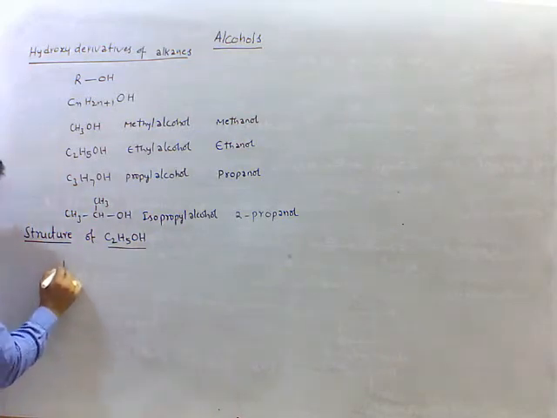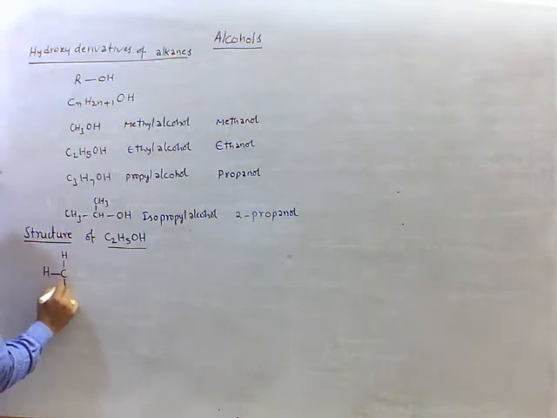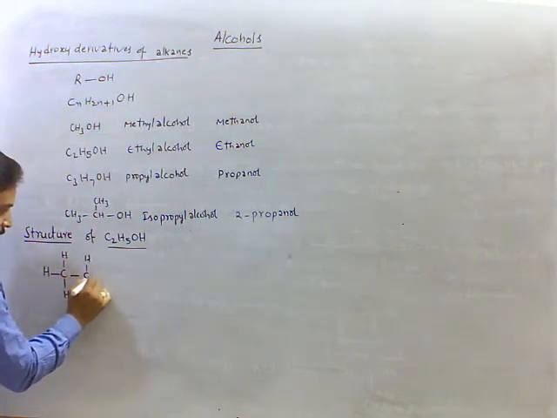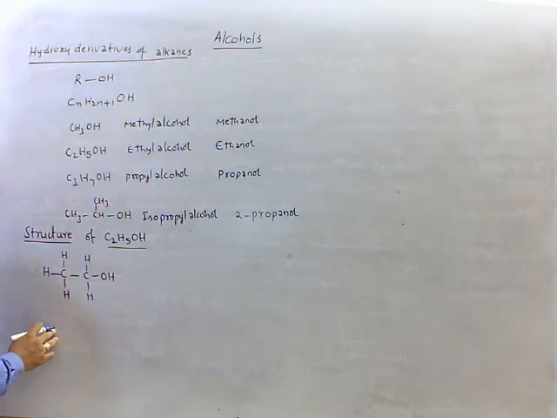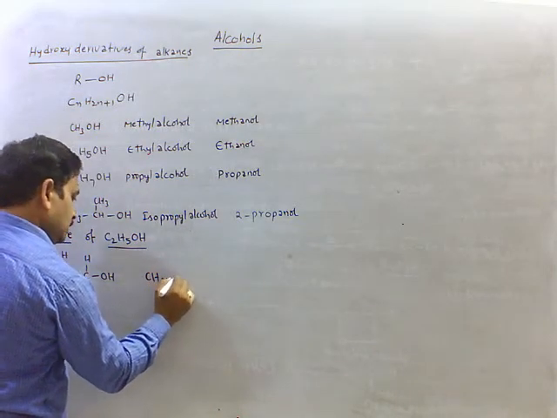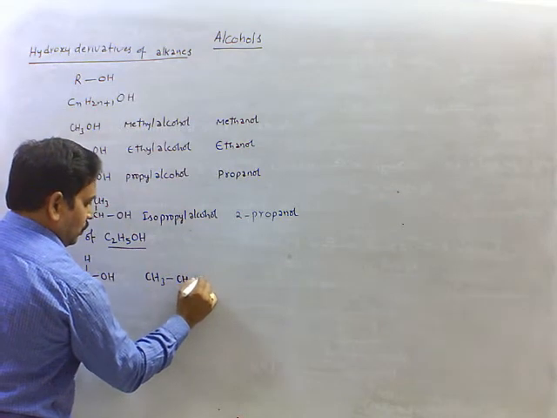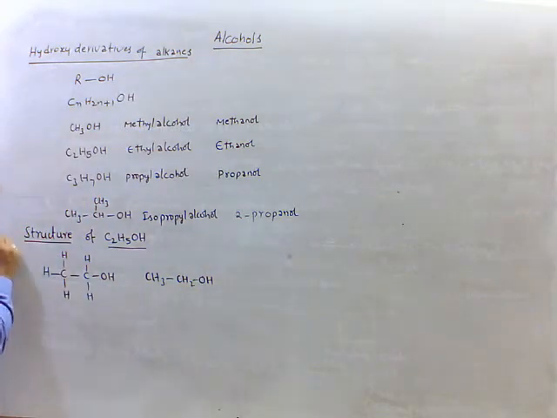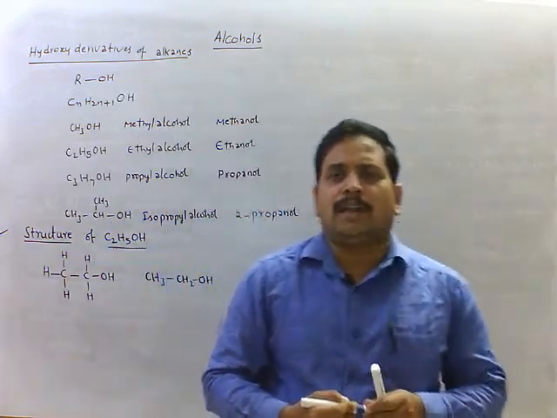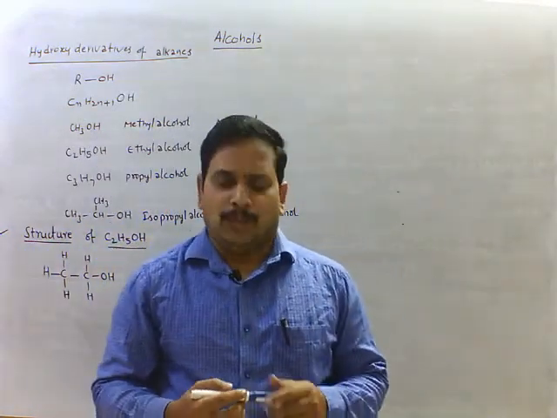It is written as CH3CH2OH. Its condensed formula is CH3CH2OH. This is the structure of ethanol or ethyl alcohol.